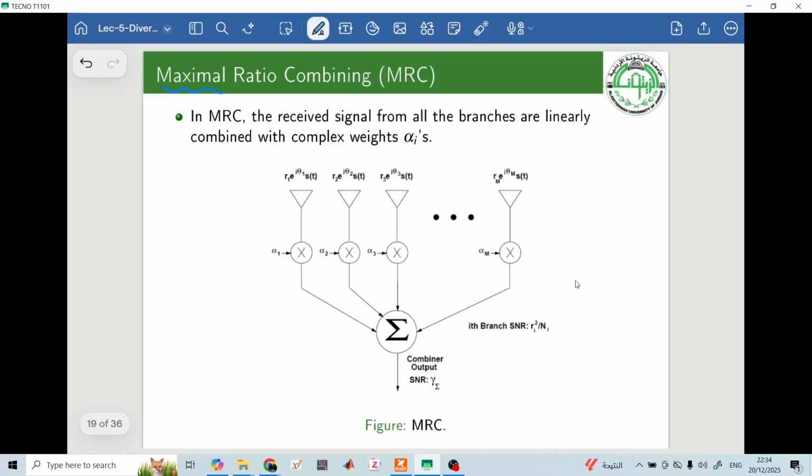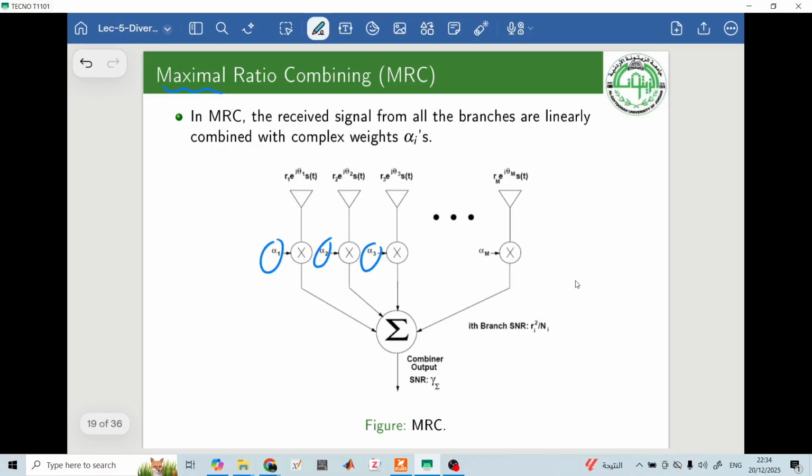So let's say that you have n branches here. What you do is that you apply some kind of processing. Say that, okay, I want to combine them, right? I want to multiply each branch with some complex value and then add them together. So it's a kind of linear processing, right?